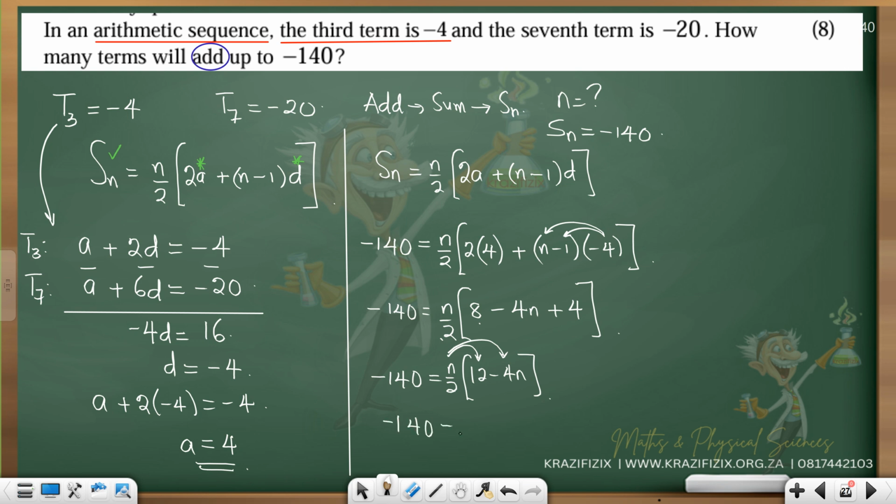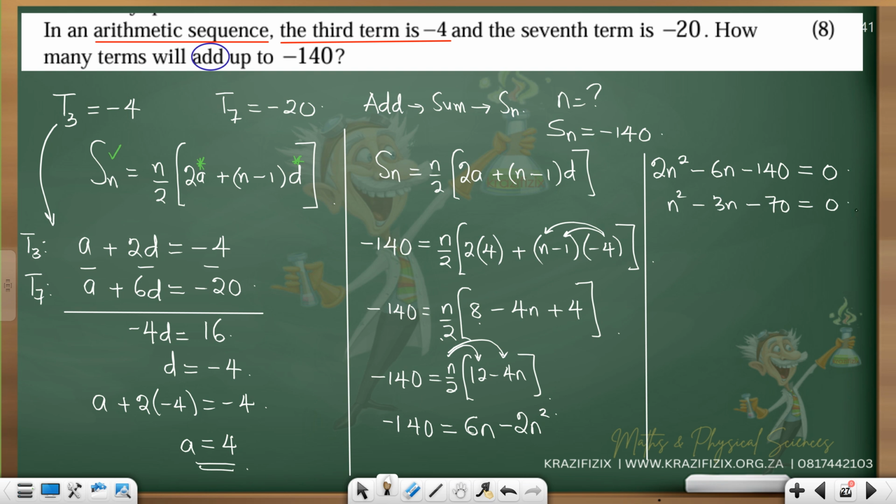So negative 140 equals... what is 12 divided by 2? That will be 6n, right? Minus 4 divided by 2 is 2, so negative 2n squared. Interesting, we come back to trinomial. Let's move everything over: 2n squared minus 6n minus 140 equals 0. Let's divide and see if we can find factors. This is what, 70? I already see factors.